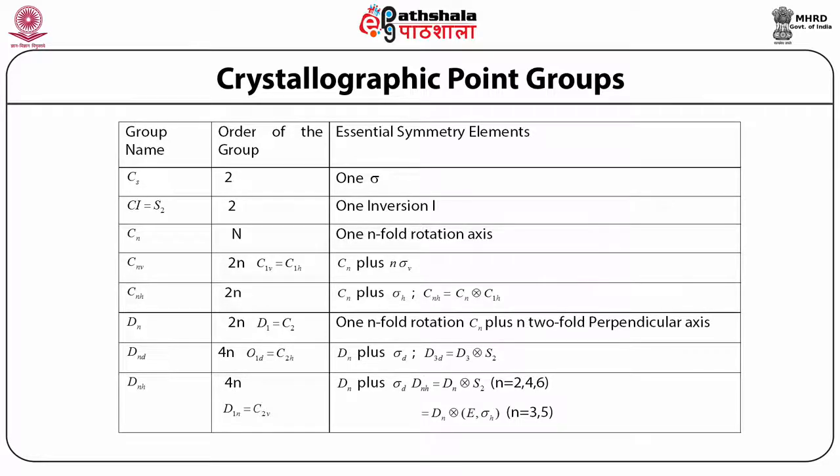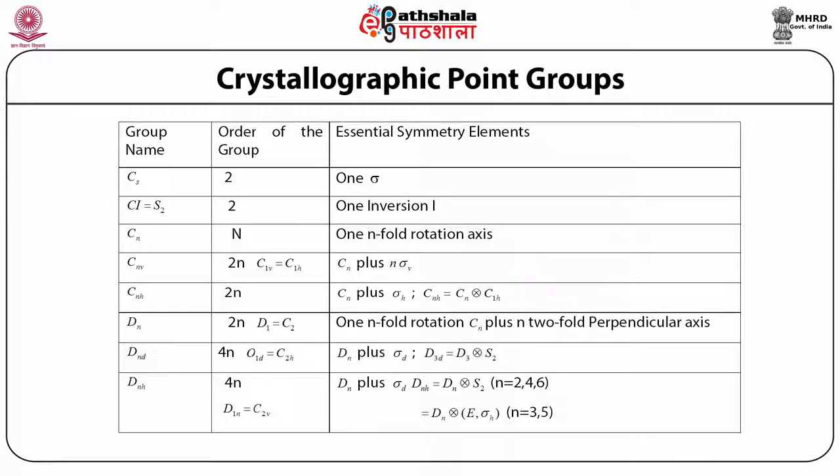If we have one n-fold rotational axis, then the symmetry group is Cn and the order of the group is n. If we have one n-fold rotation axis plus n mirrors containing the principal axis, that is n sigma v's, then the group is designated as Cnv.